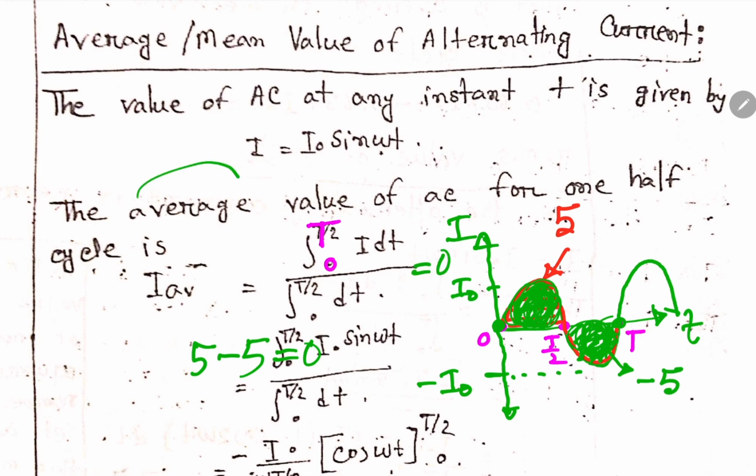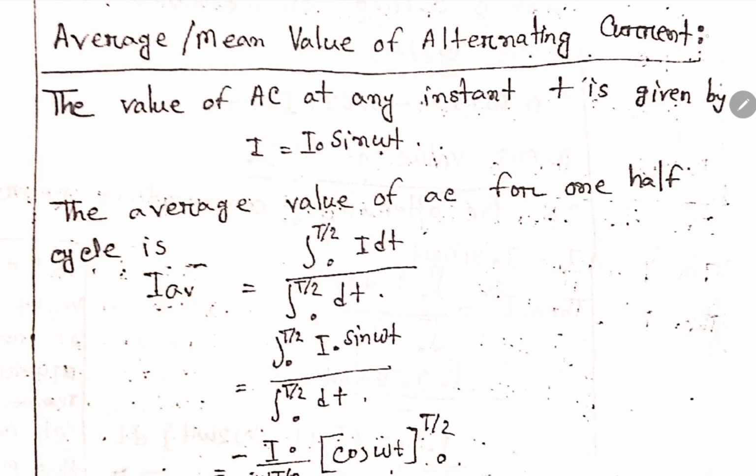That's why, in order to find the average, we take only the half cycle. We take from 0 to T by 2, or we can take from T by 2 to T. So if you take from 0 to T, you get 0. That is why we avoid integrating from 0 to T. We take 0 to T by 2.